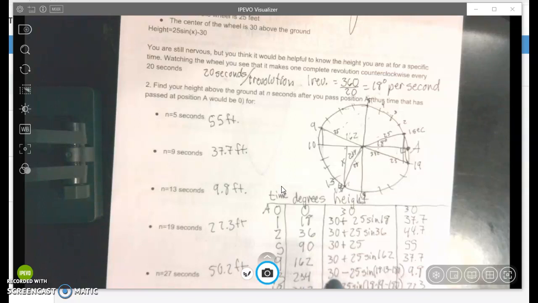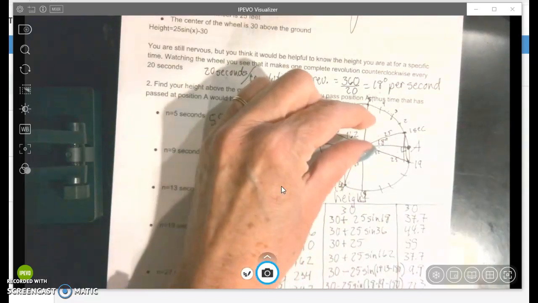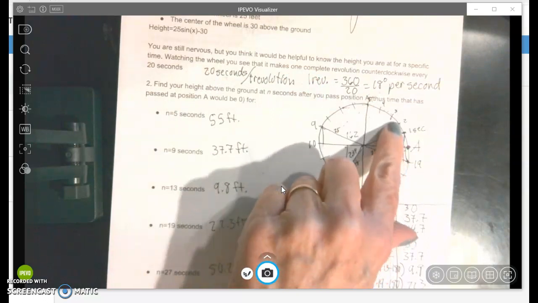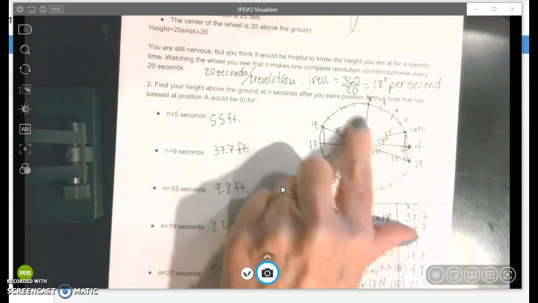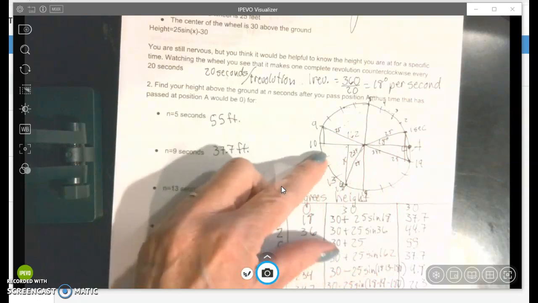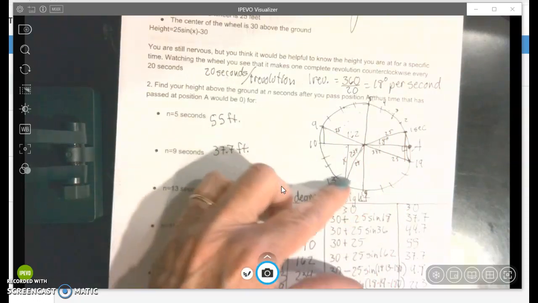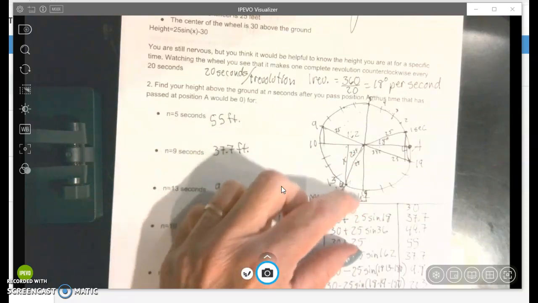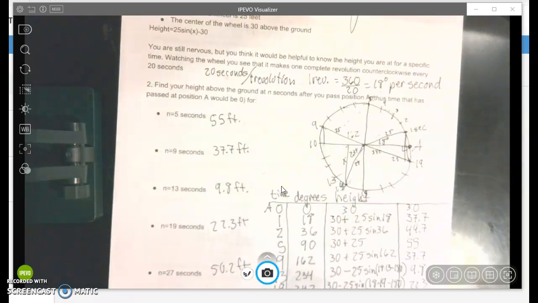So we're taking 30 and adding that distance in. We found the distance that we added into 30 on all of these up here. But when we got below the halfway point down here, we had to take 30 and subtract that distance so that we find the height right there. That's why the formula changed.